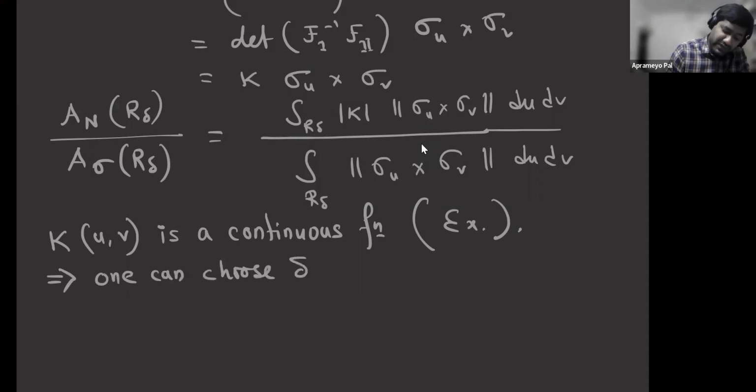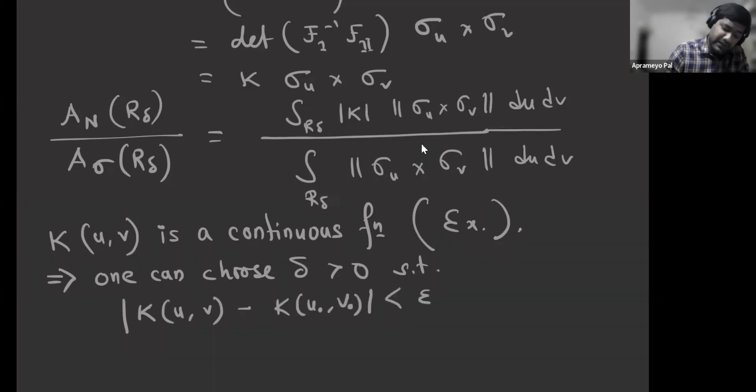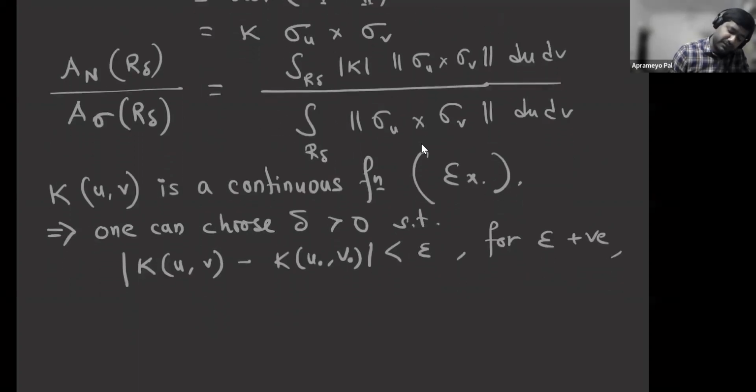So one can choose delta positive small such that mod K(u,v) minus K(u0,v0) is less than epsilon for some positive epsilon.